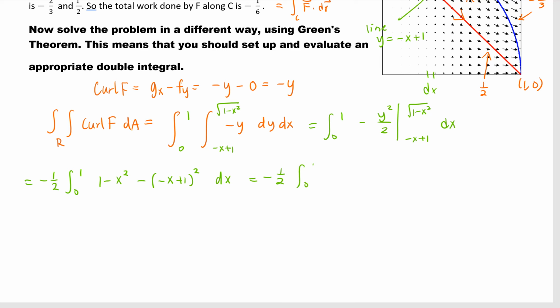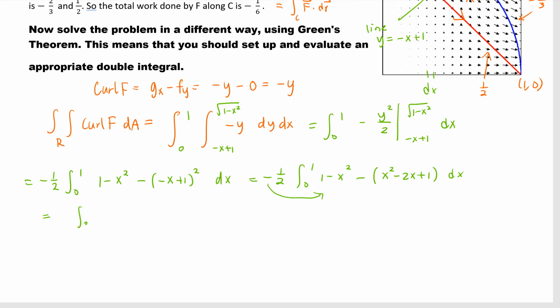What is that? Well, let's multiply out. When we multiply out, it's x squared minus 2x plus 1, right? And let's get rid of the parentheses. By the way, we can move the negative back in.